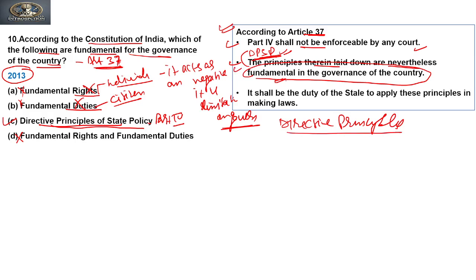Article 37 also explicitly mentions that it shall be the duty of the state to apply these principles in making laws. This makes Part 4 mandatory for the state to apply in formulating a plan, any scheme, or law. Is it clear?